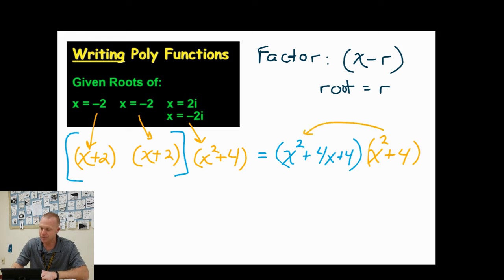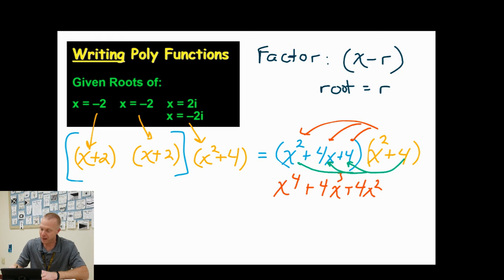Students do this different ways. Some people will think about doing the distributive property. Nothing wrong with that. I'm going to change the color here a little bit. When I do that distributive property, I get x to the 4th, a 4x to the 3rd, and a 4x squared. And then don't forget to do the distributive property with the other term.